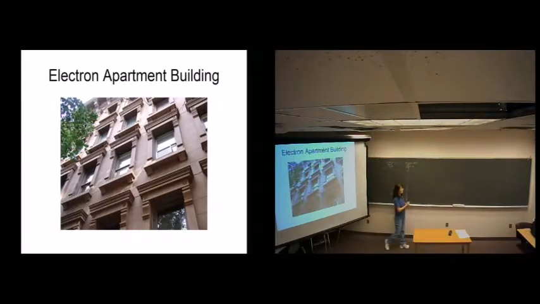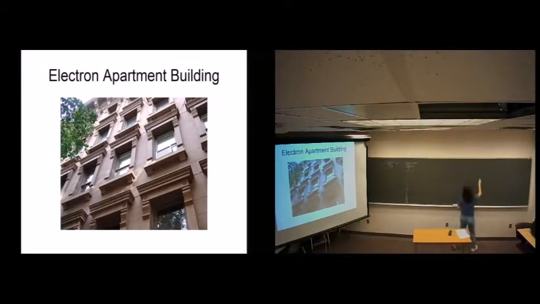An S apartment, we're going to indicate as 0. Every time you have S, we're going to think 0. Then P is going to be 1, and you count from there.